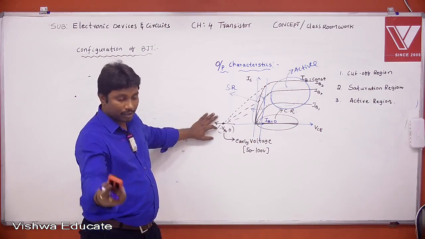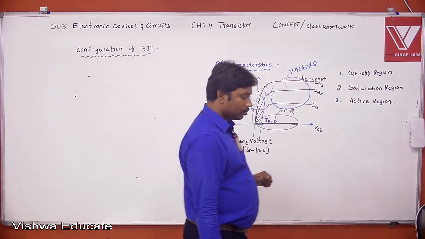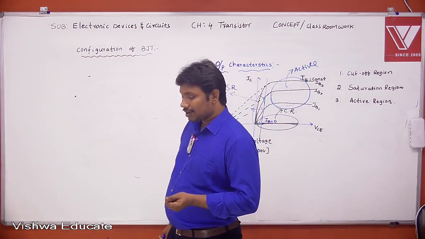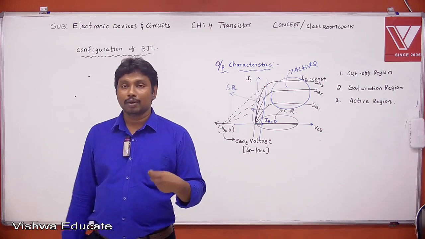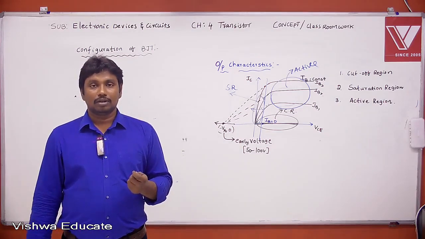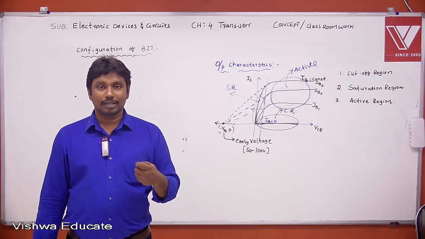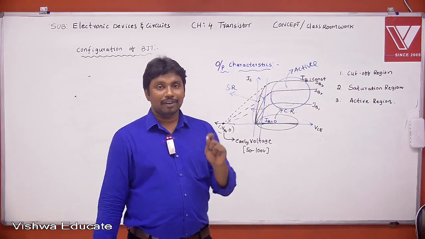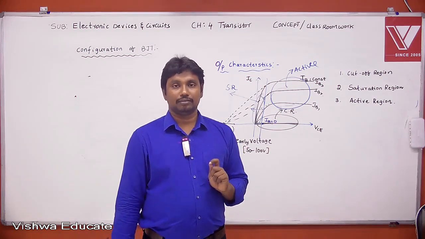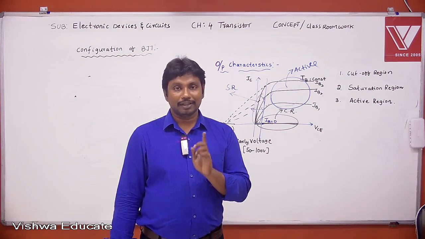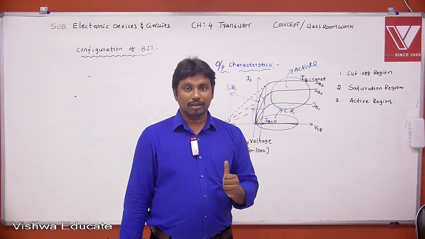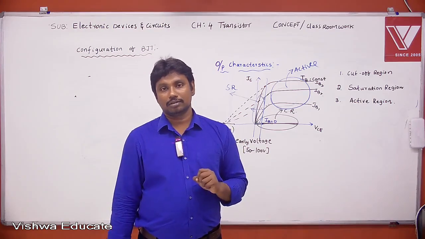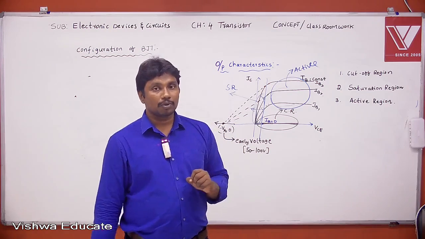Write down this point: early voltage is used for, first, calculation of IC when VCE changed; second, output resistance.